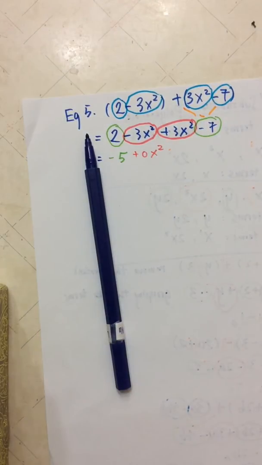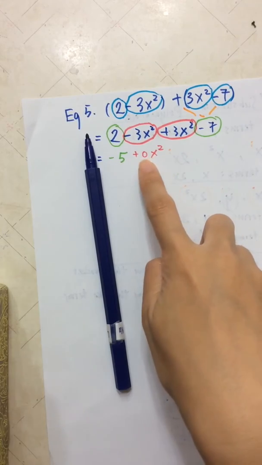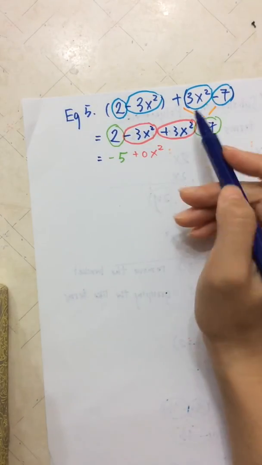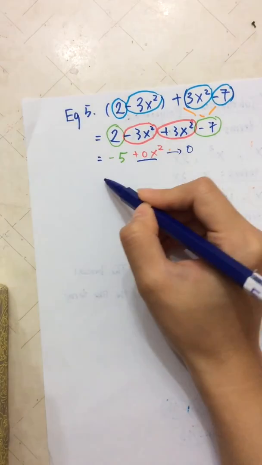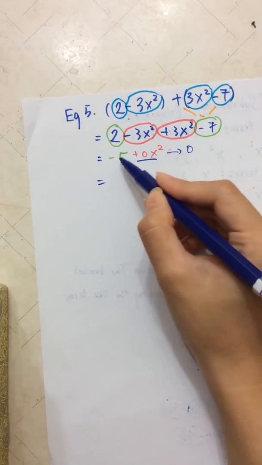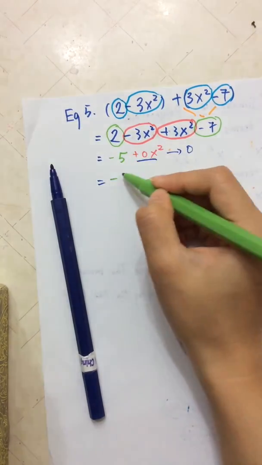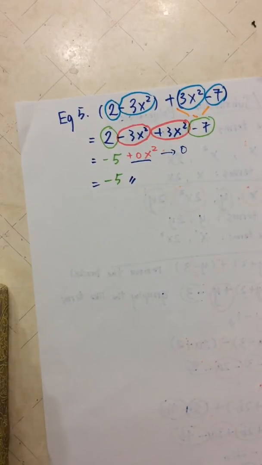Is that finished? No, because this can be calculated further. 0 times x to the power 2 becomes 0. So for the final answer, you will only have negative 5. It becomes negative 5 for the final answer.